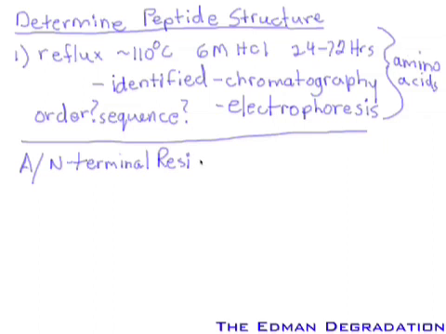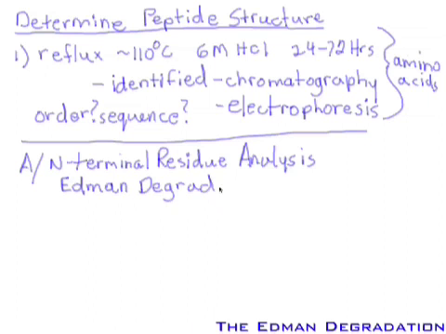N-terminal residue analysis is referred to as the Edman degradation. This is one of the processes that allows you to actually determine the order starting from the N-terminal residue, or the left-hand side.